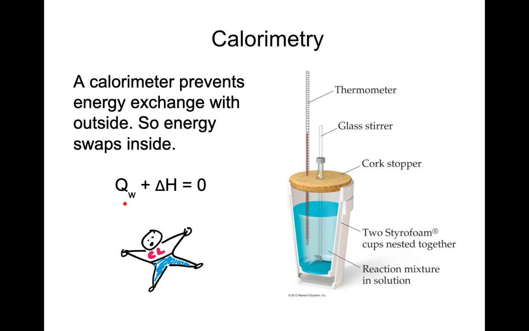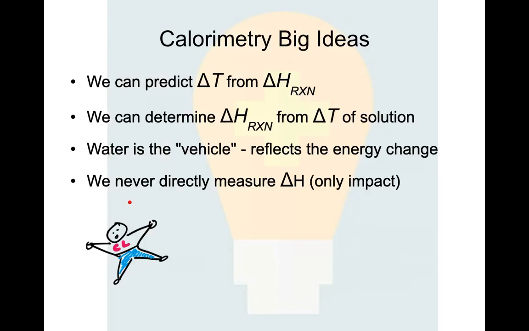In the case of this reaction here, we could have a reaction happening that has a delta H, and any change in reaction is going to produce a change in the heat flow of the water. And since water is easily measured with this thermometer, and Q equals MC delta T, I can use that to determine delta H information.